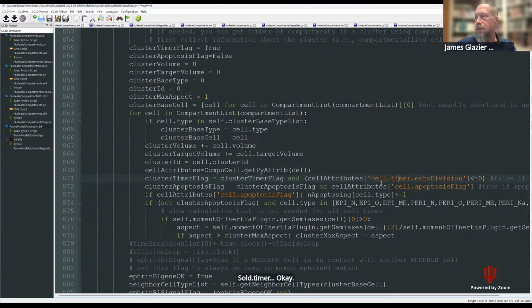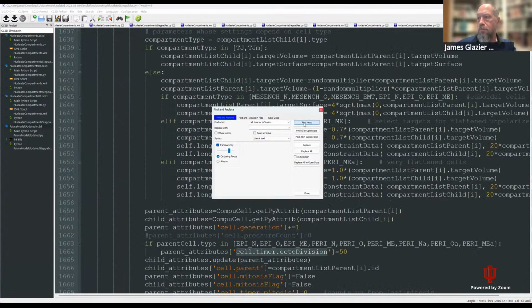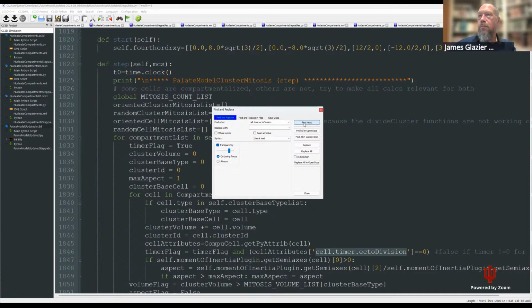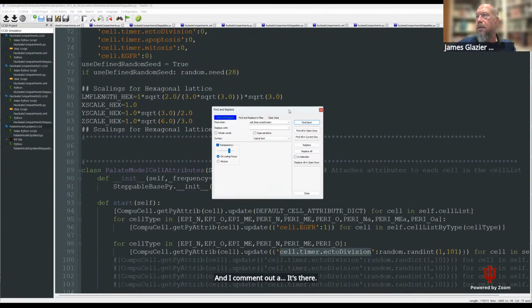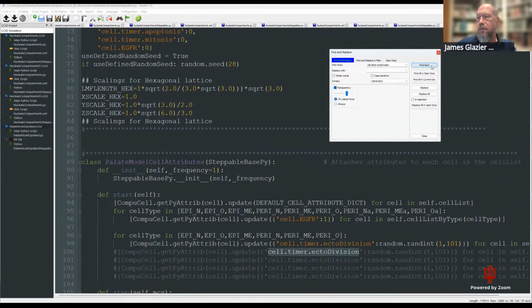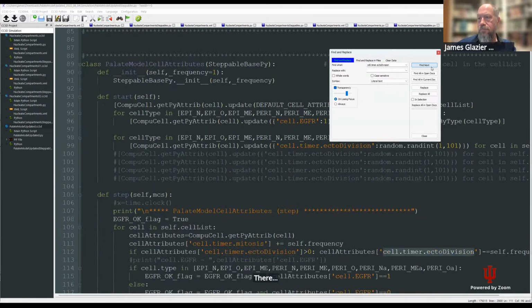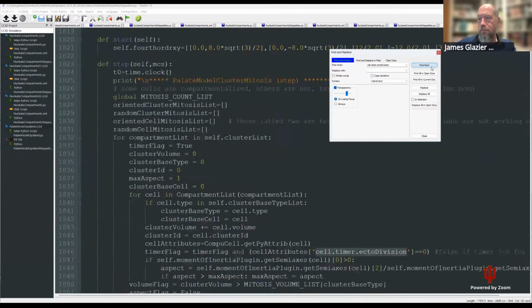Okay, why is there a key error there? Did I comment it out?